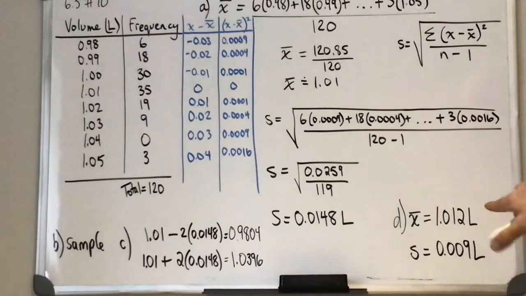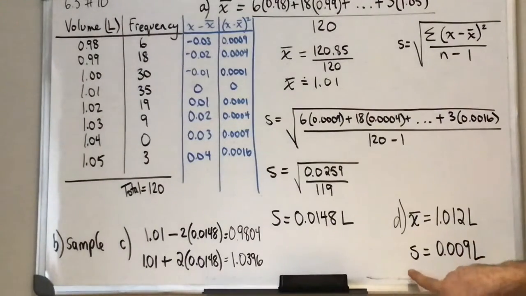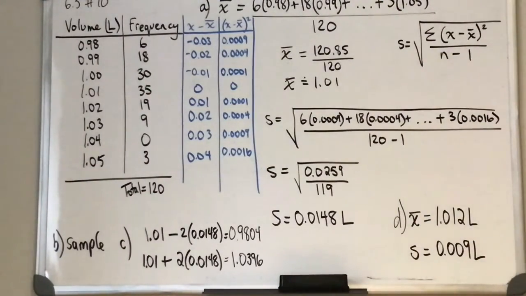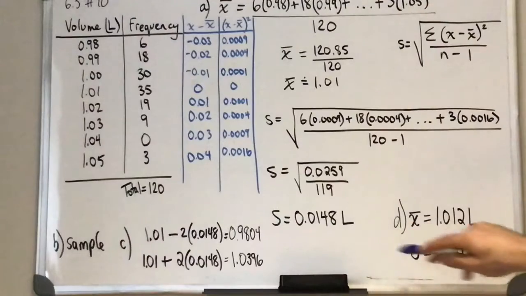Lastly, they're saying another day there was a sample mean of 1.012, and we have a sample standard deviation of 0.009. How does this compare to these calculations here? First off, you'll see that our sample mean is a little bit higher and our standard deviation is a little bit smaller.